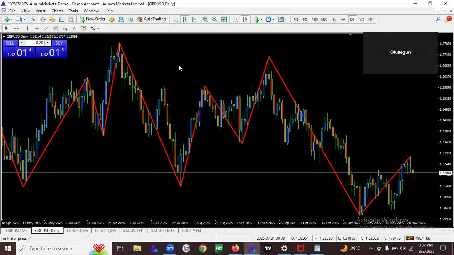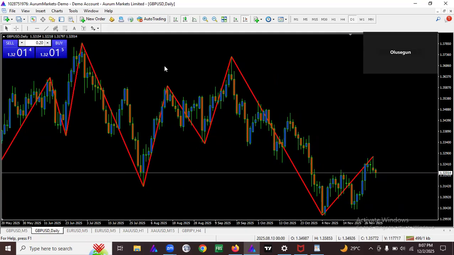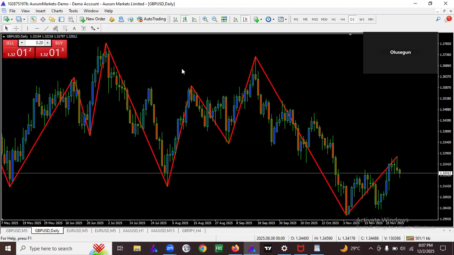Now, when we say a level is a resistance level, it's a level where price starts dropping. When price hits a resistance level, price is expected to reverse from that level. Just like the room that you are in now, you have the ceiling and you have the floor.